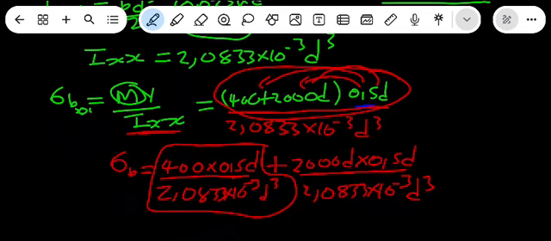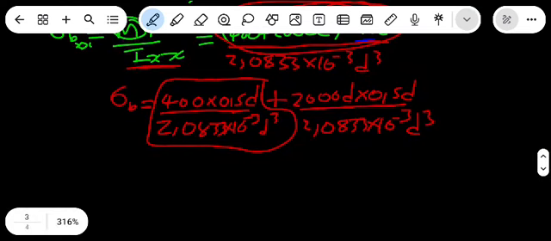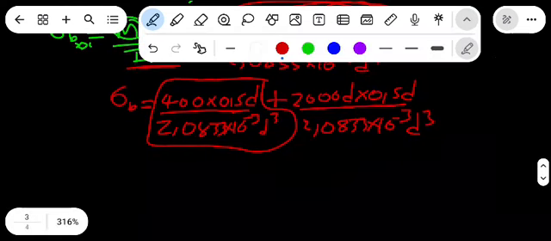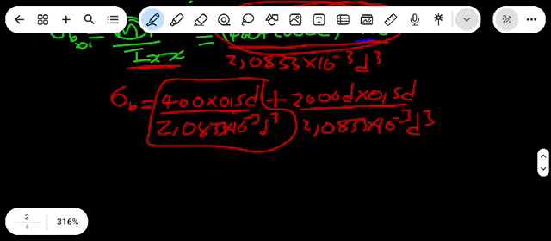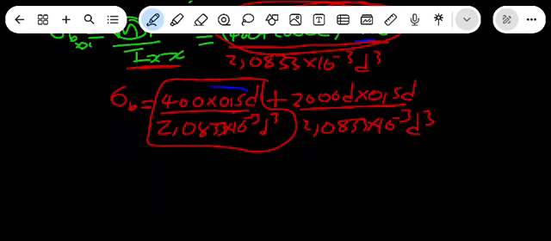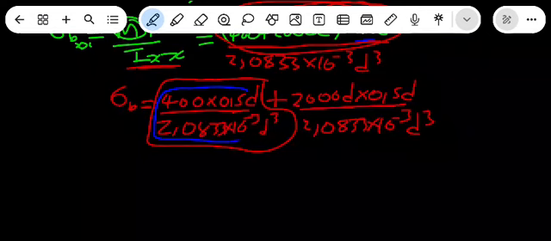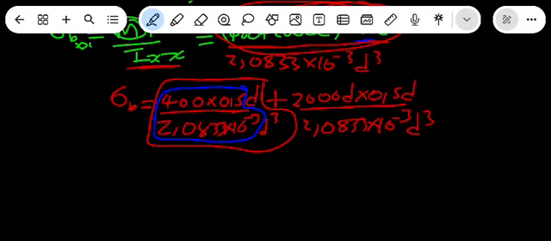So you can simply punch this on the calculator. But we know d will cancel with one of the d's there. So here we'll have d squared.